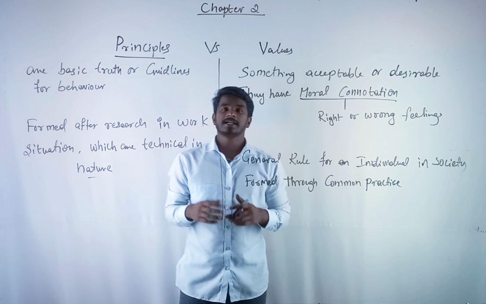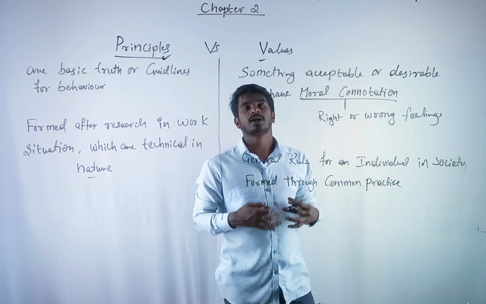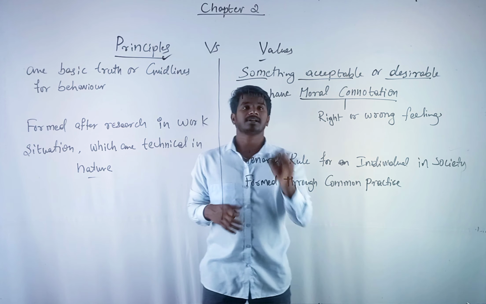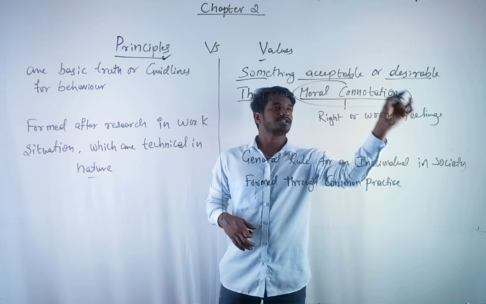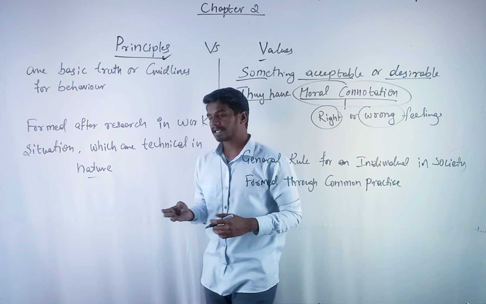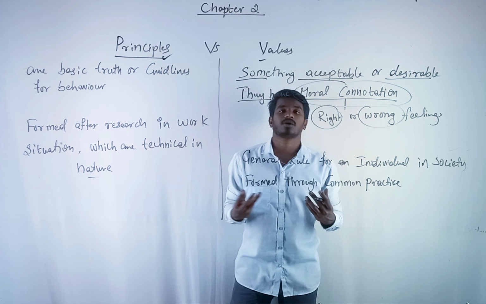The next one is principles versus values. What are values? Something acceptable or desirable. They have moral connotations, which means right or wrong feelings. Let us say everyone will have Coca-Cola, a soft drink.